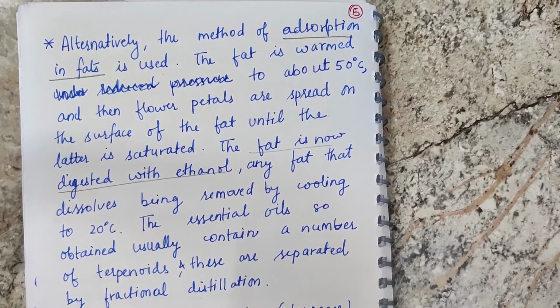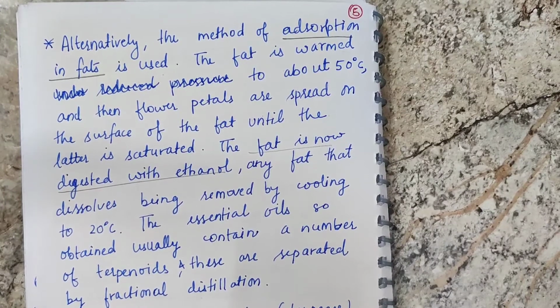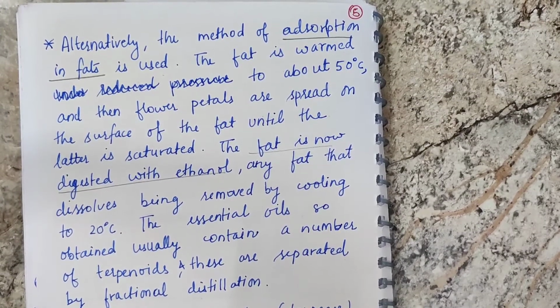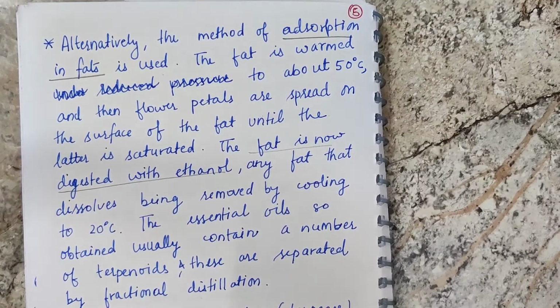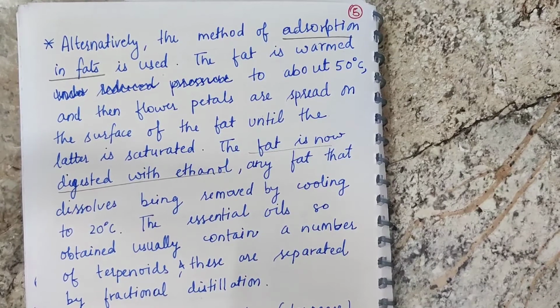So that depends upon your requirement. If you require the mixture of terpenoids, you can use it as it is. If you want one single terpenoid for some purpose, then you will have to again do fractional distillation. Fractional distillation will help you in separation of different terpenoids.